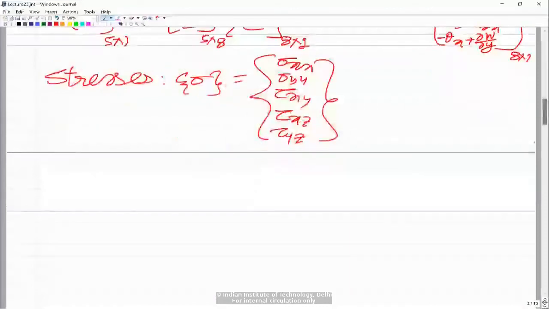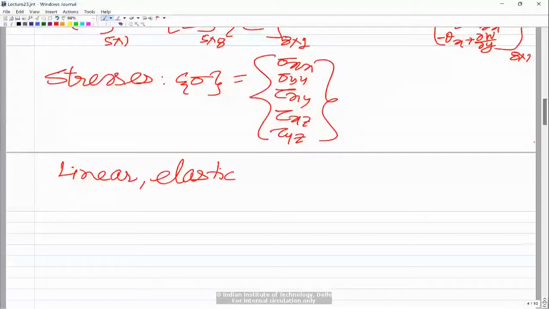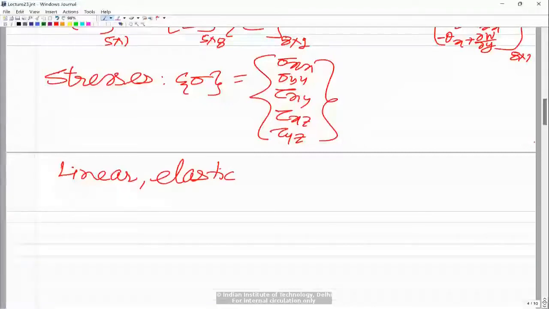Now we want to relate the stresses and strains. For that, let me consider the material as linear, elastic. Linear means the relationship between stress and strain is linear, and elastic means that when we unload the material, it comes back to its original configuration, and the properties are the same in all the directions, so basically it is isotropic material.